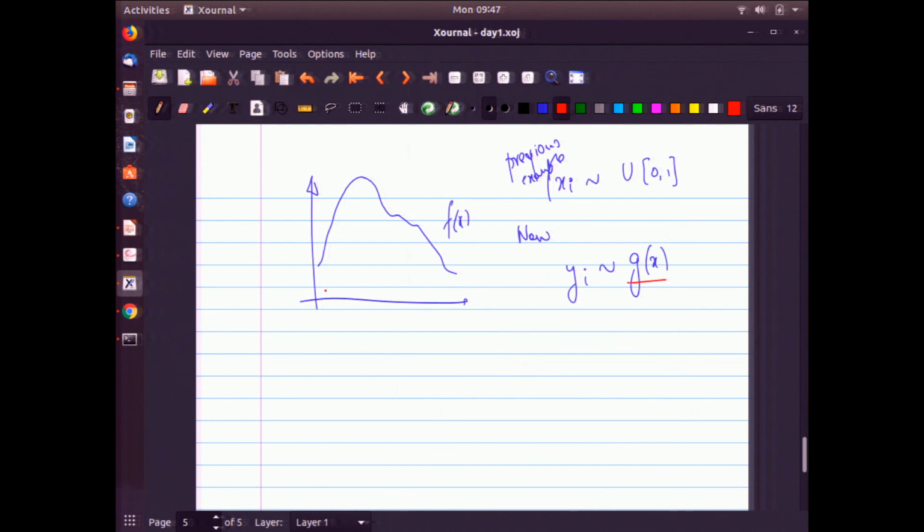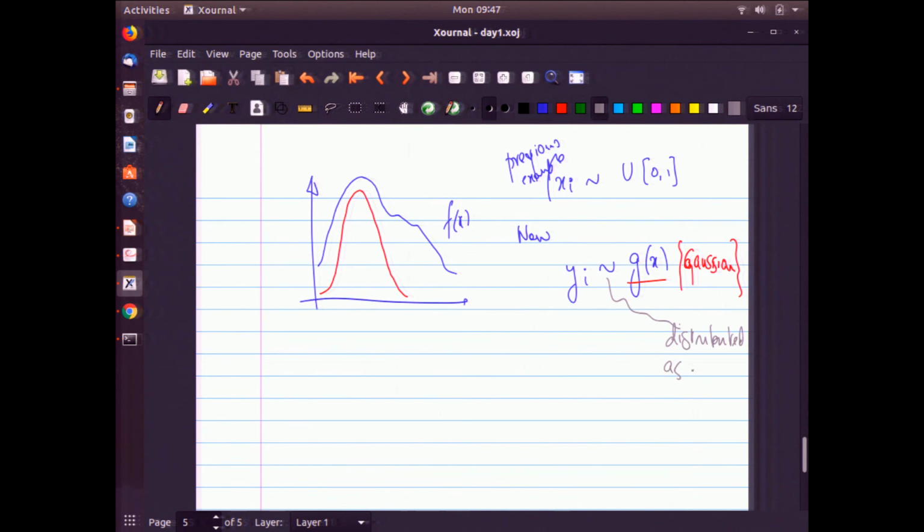Let's say we want g of x to be a Gaussian. For example, it could be a Gaussian because the Gaussian is even, right? Now this here means that we are using the distributed as. What does this mean?